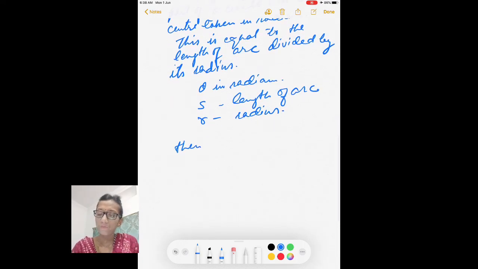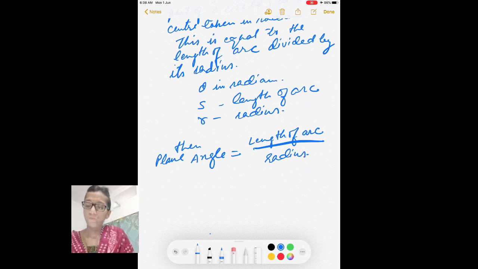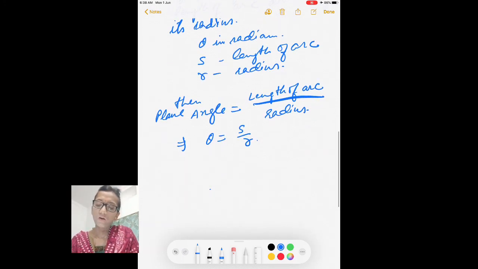Then the plane angle is equal to the length of the arc divided by the radius. It implies that theta is equal to S upon R. So this is your plane angle, and its unit is radian.